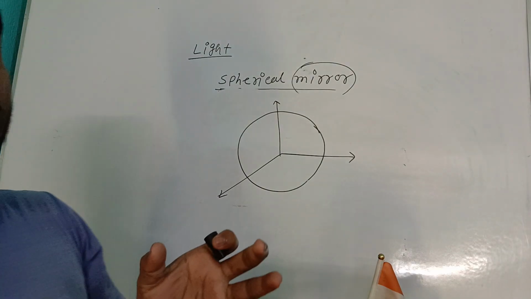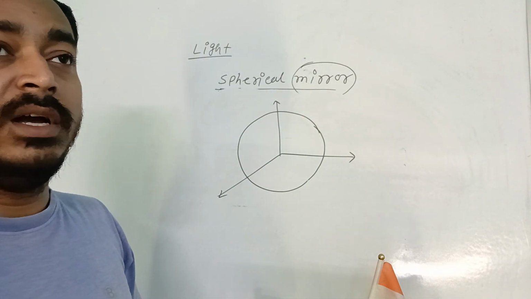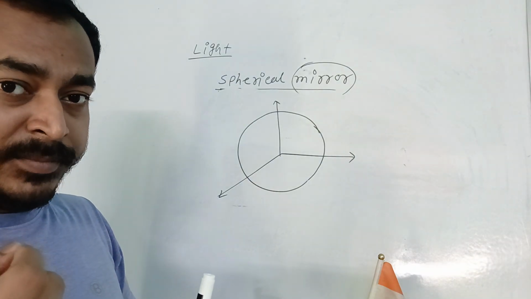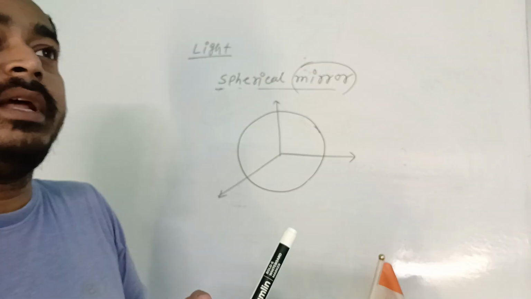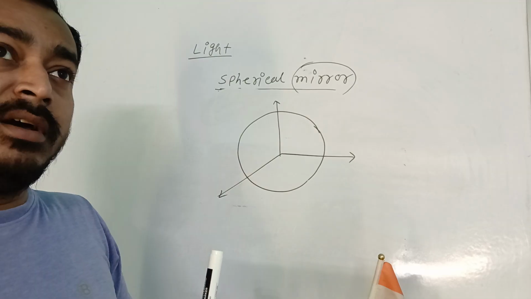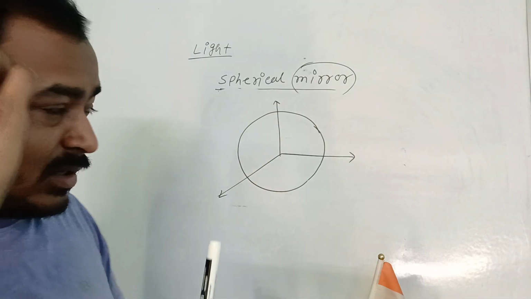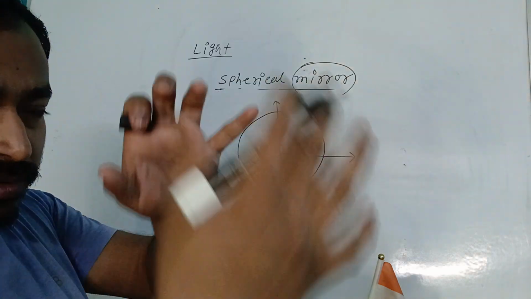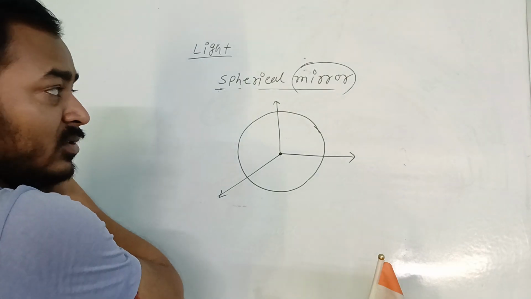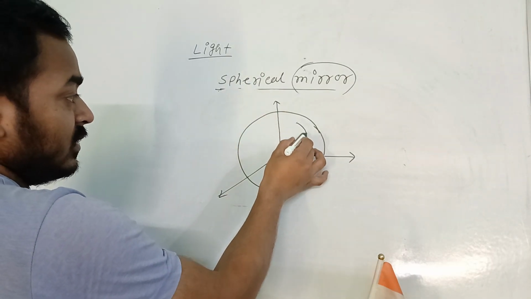Consider a hollow sphere, like a football or a golgappa, and you are an ant standing inside at the center of a rasgulla, at the center. Or just consider one football. This is the center.